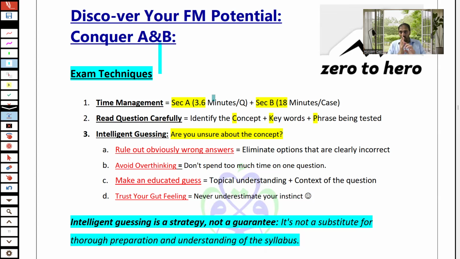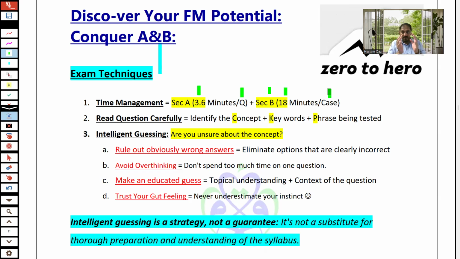First point, number 1, time management. You must be aware that for Section A, the examiner sets each question for 2 marks, so you have 3.6 minutes for each question. So stick with the time management. Number 2, for Section B, there are 5 OTQ-based questions, so we have 18 minutes for each case.